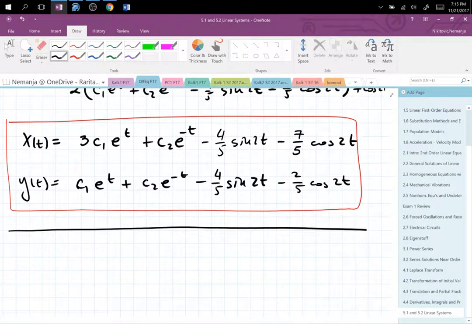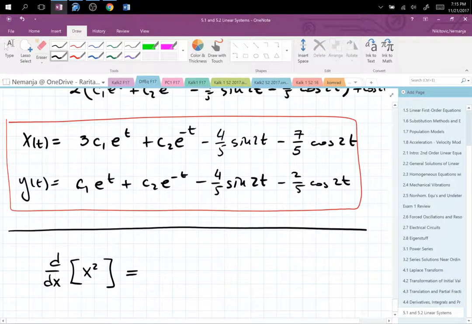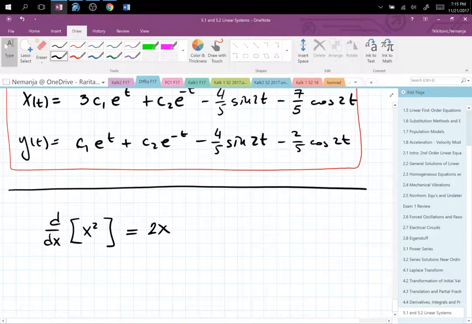The notation that you have, that the derivative of x squared is 2x, I am going to change into a new notation which will say D of x squared, and you still have your 2x.